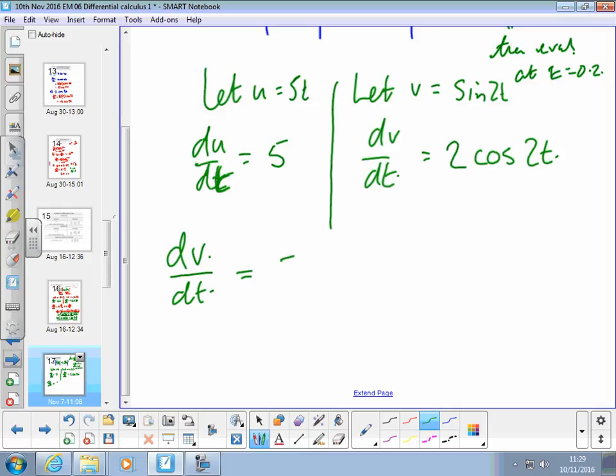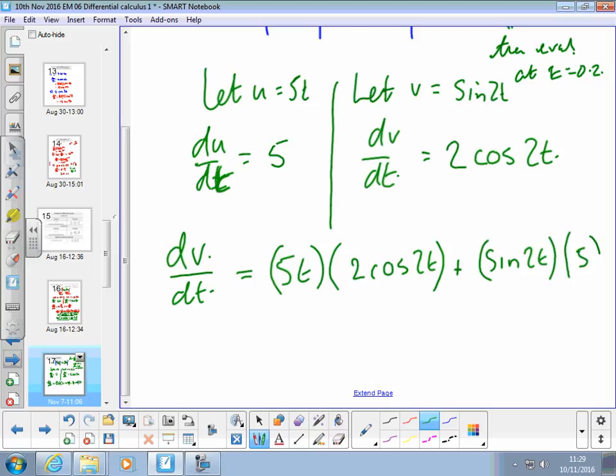u, 5t, times 2 cos 2t, plus sine 2t times 5.